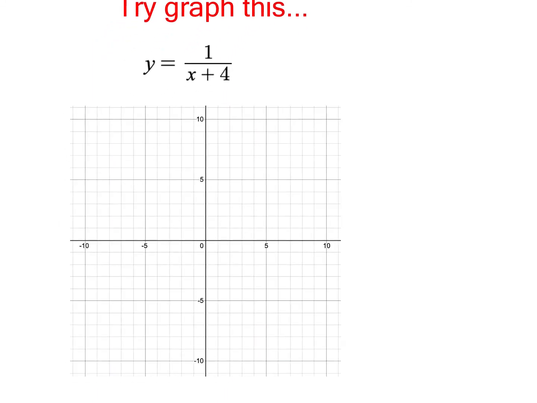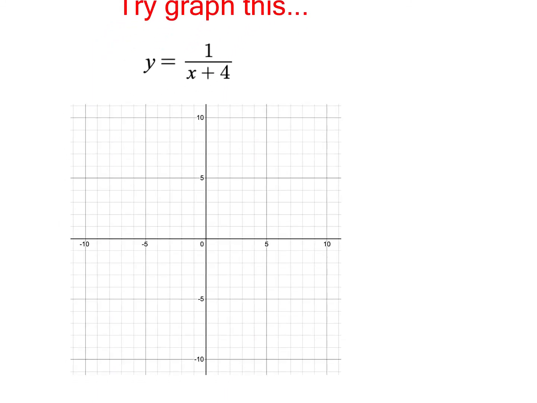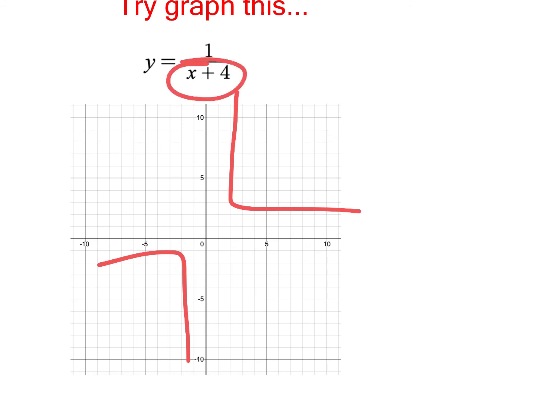You'd have to, for instance, graph that. Imagine that you had to graph this. I'd start with this. Say it's kind of like that. And then I'd go, ooh, it moved 4 to the what? Is that left 4 or right 4? Left 4. Then everything gets moved left 4.